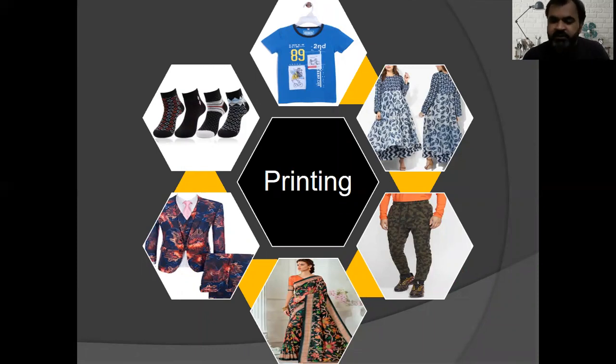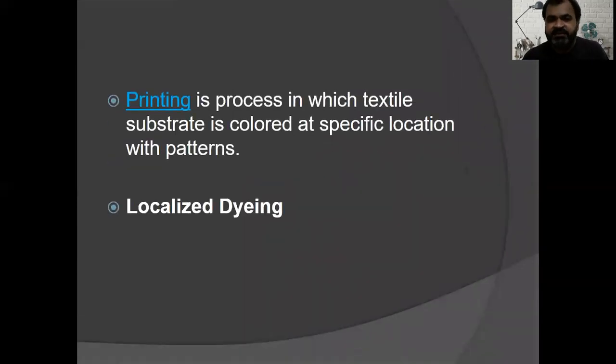So printing is known as a process in which a textile substrate is colored at a specific location, which we have seen in the above slides, and with a specific pattern. Ultimately, we are dyeing the fabric at the specific location and with a specific design, and that's why printing is also known as localized dye.